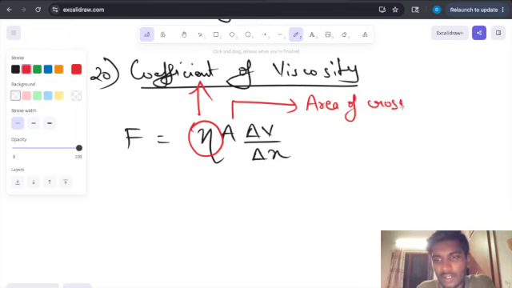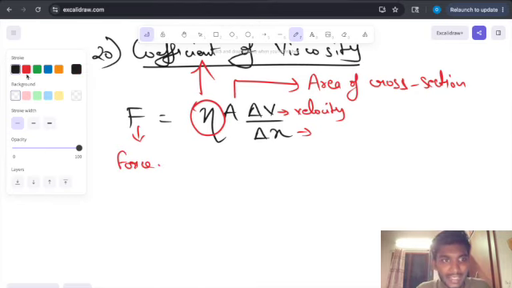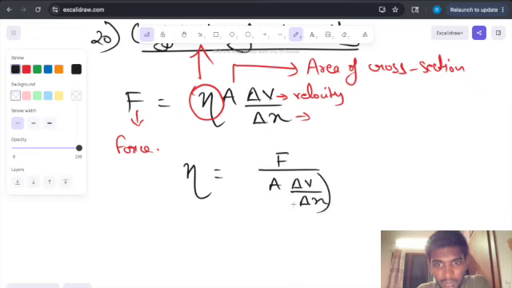Some sort of area, it doesn't matter what area. This is velocity, this is a measurement of length, and this is force. If I rearrange this formula in terms of eta, eta is equal to F by A into delX by delV... eta is equal to F by A, delX by delV.